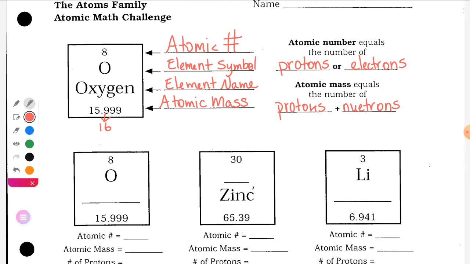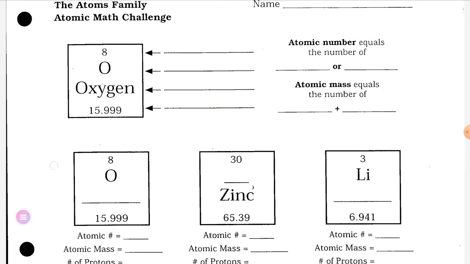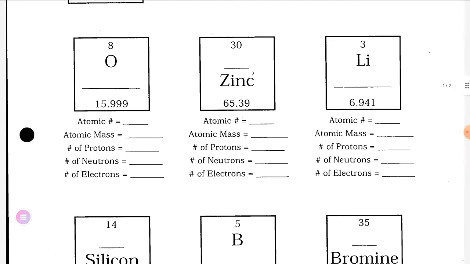Okay, so we are going to use that information to fill in the elements below. We're going to skip oxygen because it gives us a lot of it there. Let's go down to zinc. Do we need our periodic table for this? No, because it gives me almost all of the element label.